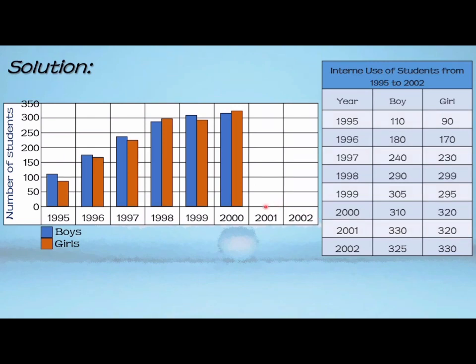So, taasan lang natin ng kaunti yung boys at yung sa girls naman ay medyo mas mababa sa blue. Next is 2002. We have 325 for boys and 330 for girls. So, mas mababa lang ng kaunti sa blue in 2001. And then, yung sa girls natin is ipapantay natin sa blue in 2001.